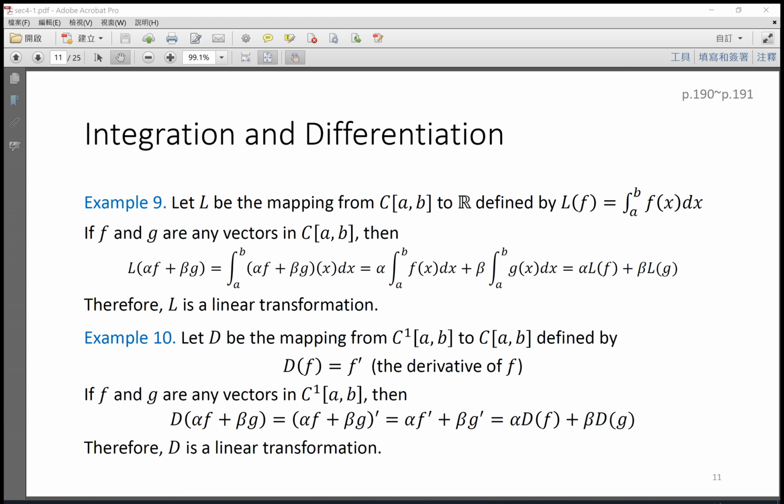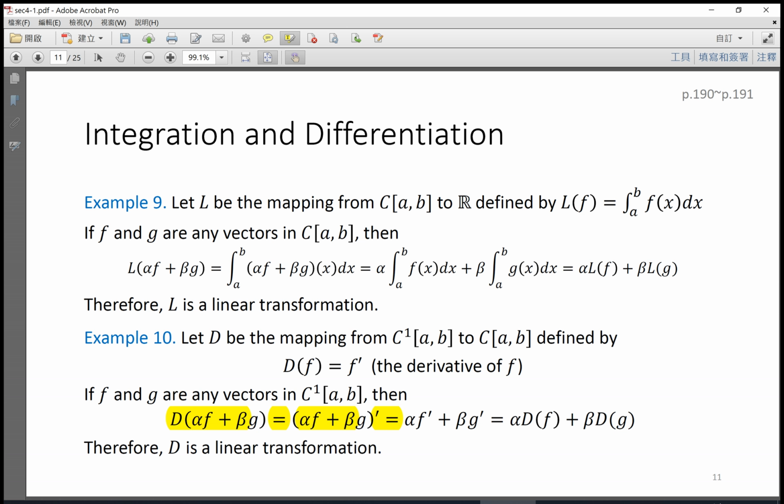Next, we prove D is a linear transformation. To this end, consider D of alpha f plus beta g, where alpha, beta are scalars and f, g are any vectors in C^1[a,b]. Then, by definition of D, we have D of alpha f plus beta g equals the derivative of alpha f plus beta g.